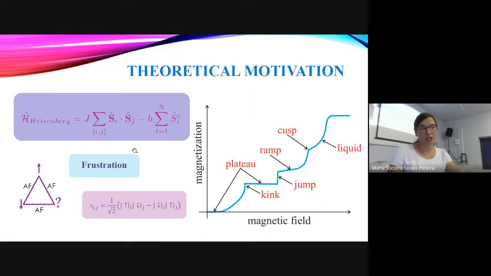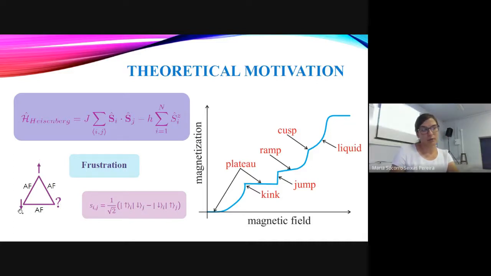The Heisenberg octahedral chain is a frustrated model, and geometric frustration can be explained, for example, on these three interacting spins, which interact with antiferromagnetic interaction.